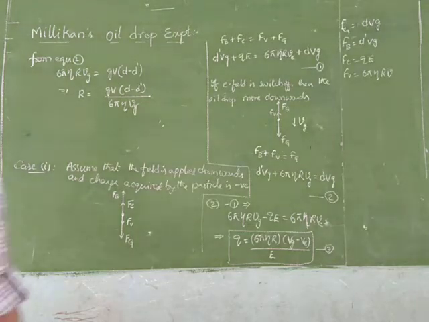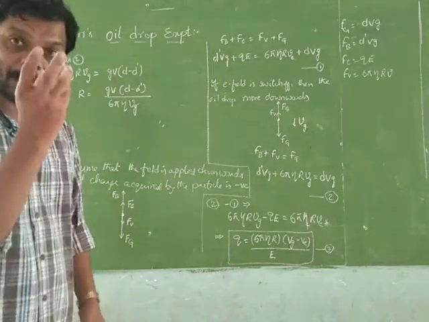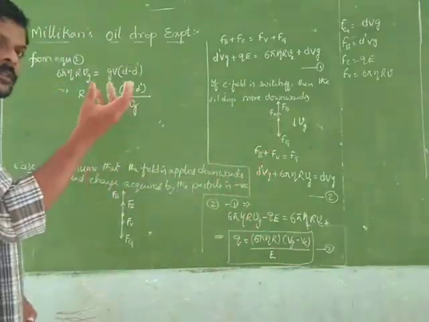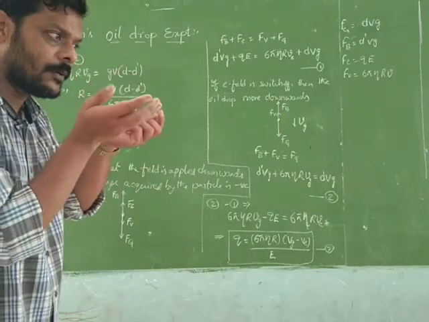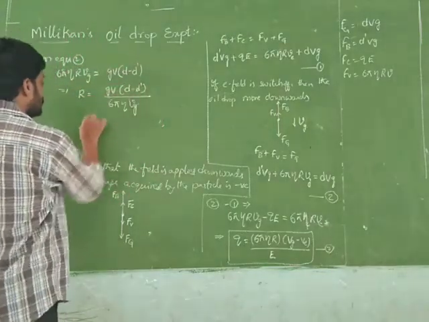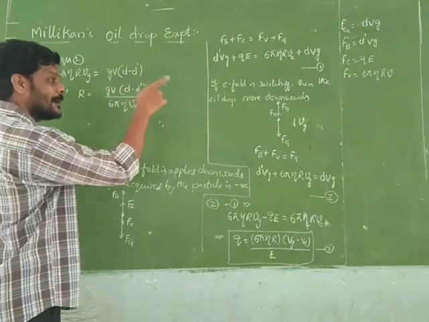Volume, if the droplet is acquiring the spherical ball shape like that, usually, due to the surface tension, every object is trying to occupy the less surface, right? Less area. So volume is 4 by 3 pi r cube.